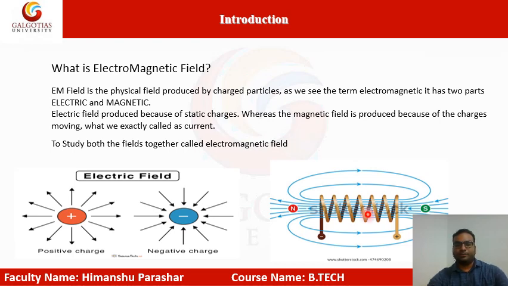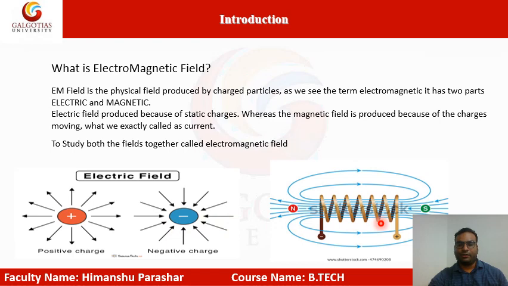Like in an electric field, a positive charge generates an electric field away from it, and for a negative charge, the electric field comes towards the negative charge. So we can also say from this figure that positive charge acts as a source and negative charge acts as a sink.